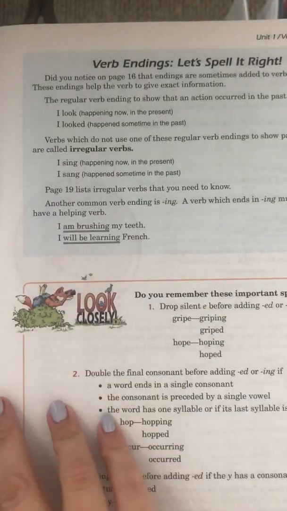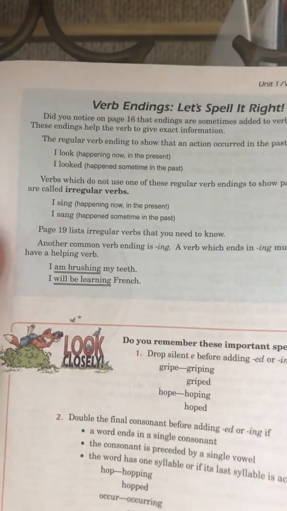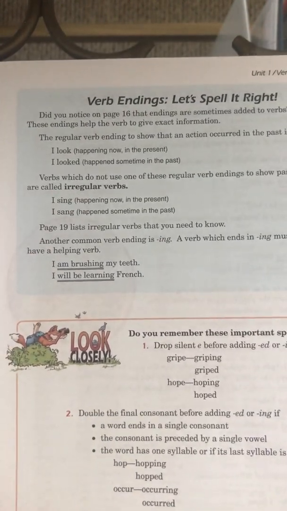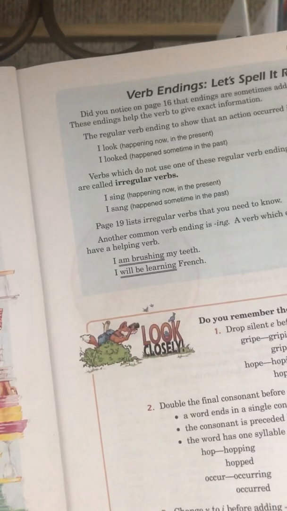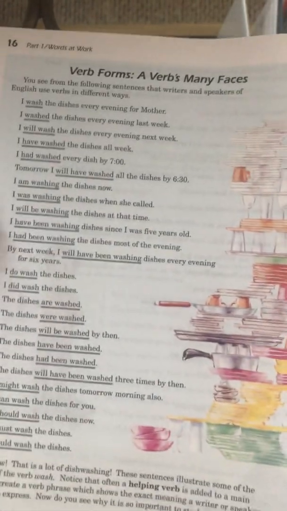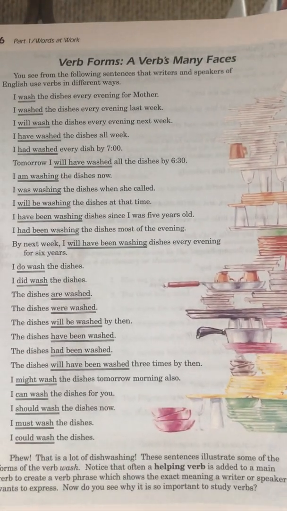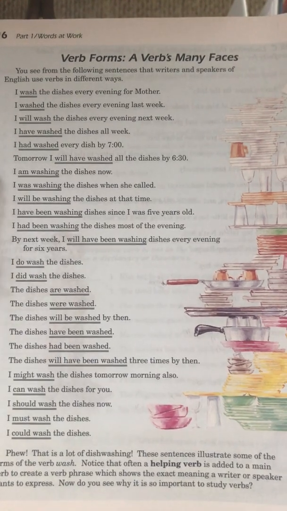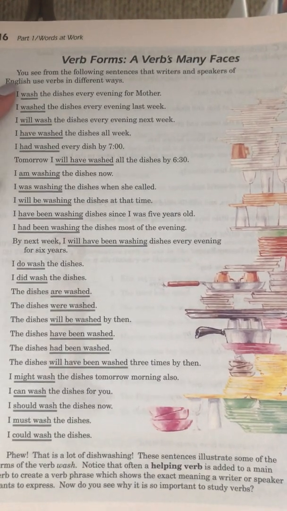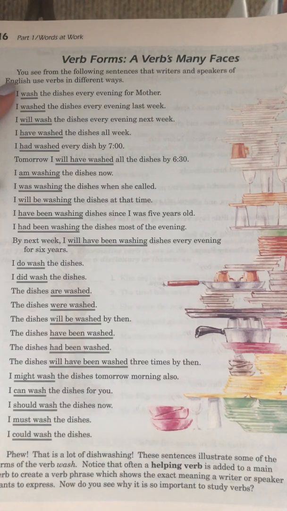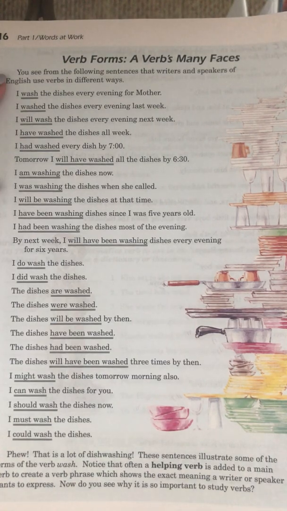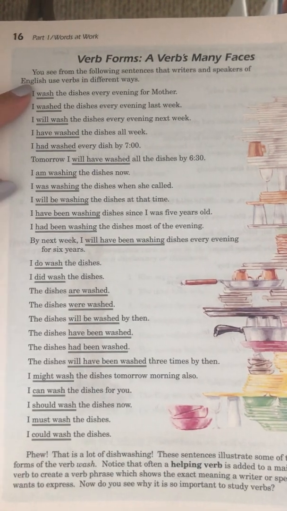So then for page 16, there isn't a very long exercise. It's mostly just learning about verb forms. And it says, of verbs many faces. You see from the following sentences that writers and speakers of English use verbs in different ways.